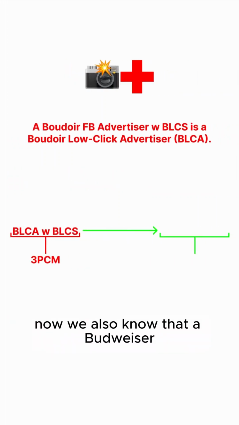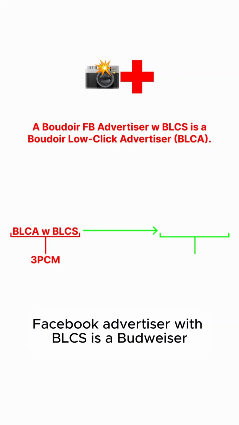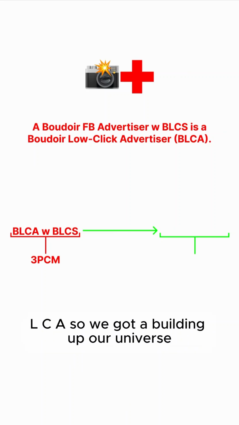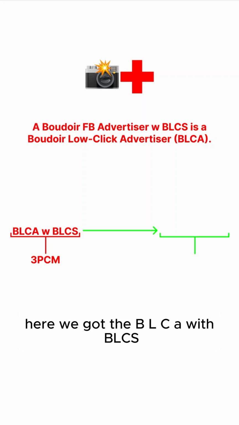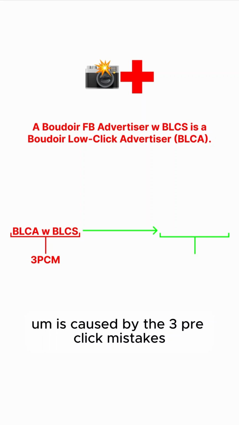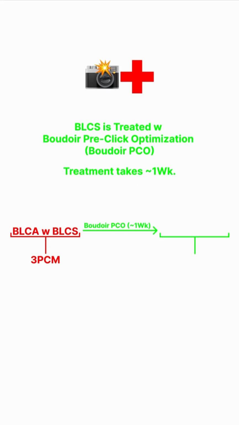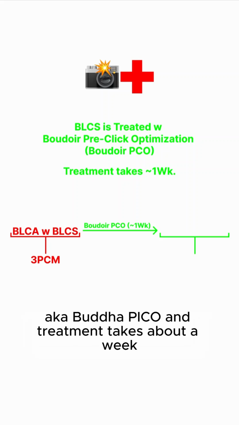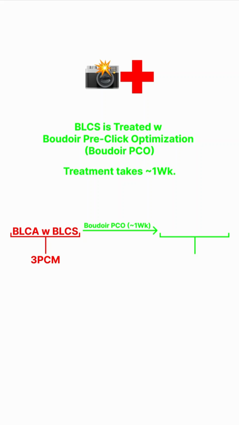Now we also know that a Boudoir Facebook advertiser with BLCS is a Boudoir low click advertiser, aka a BLCA. So we're building up our universe here. We got the BLCA with BLCS, caused by the 3 pre-click mistakes. Next, we know that BLCS is treated with Boudoir pre-click optimization, aka Boudoir Pico, and treatment takes about a week.